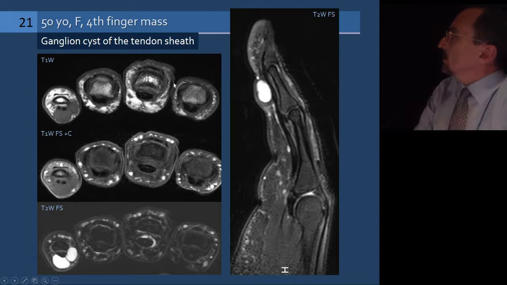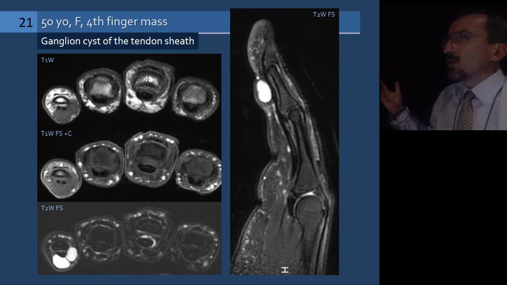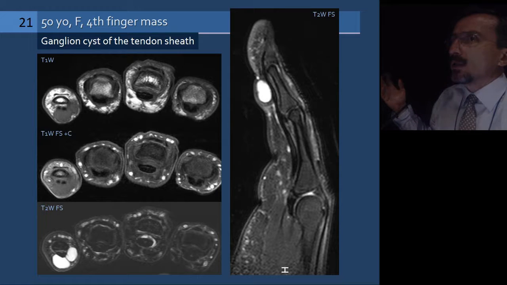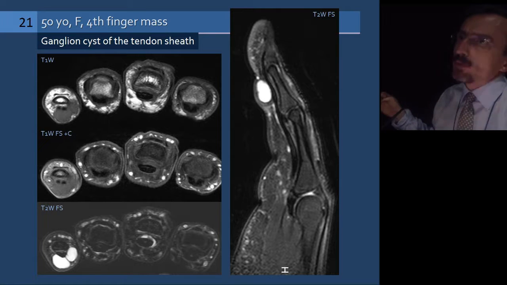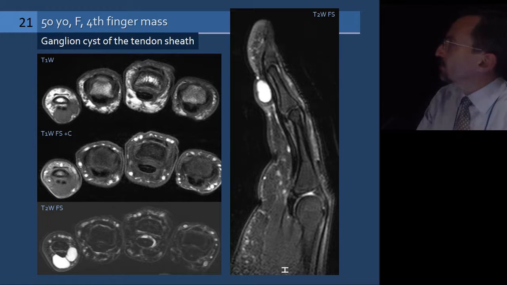Common things being common, in the hands and the fingers, as well as the wrist, the most common soft tissue lesion would be ganglia. Actually, it is the #1 soft tissue lesion all across the body. When it comes to the musculoskeletal system, #1 soft tissue lesion would be ganglia, most likely followed by lipomas.